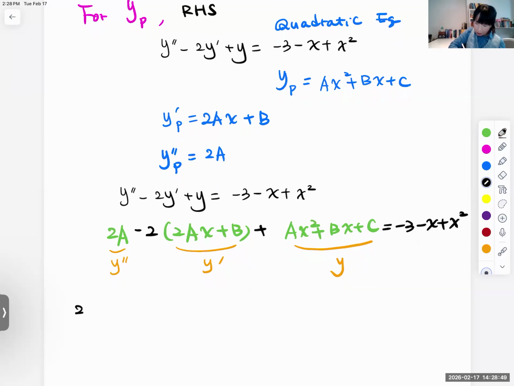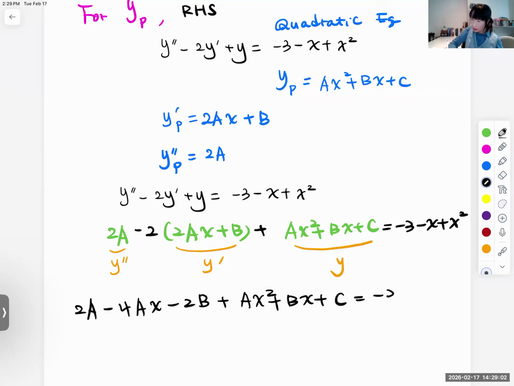So we have 2a minus 2(2ax plus b) plus ax squared plus bx plus c equal to negative 3 minus x plus x squared.